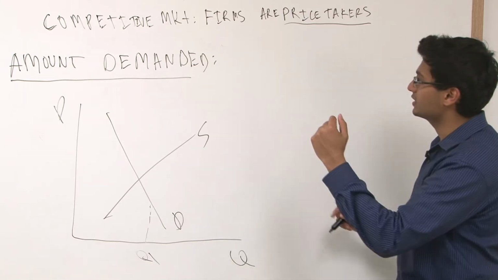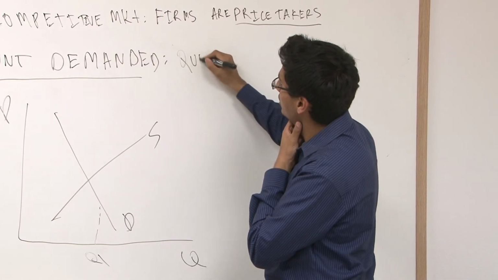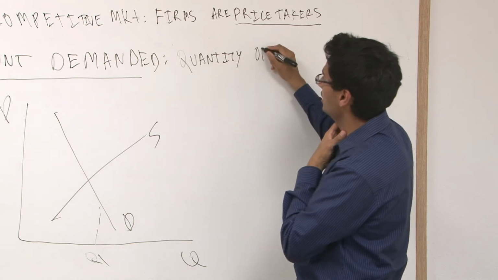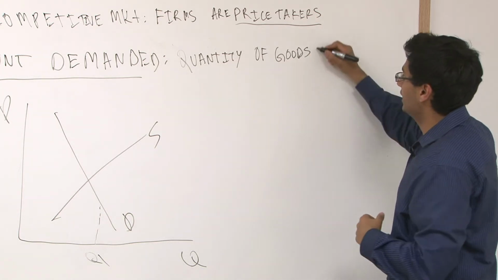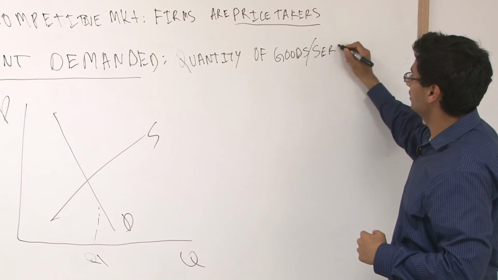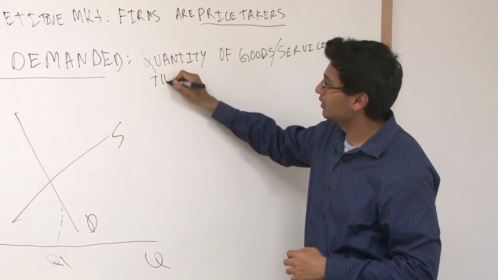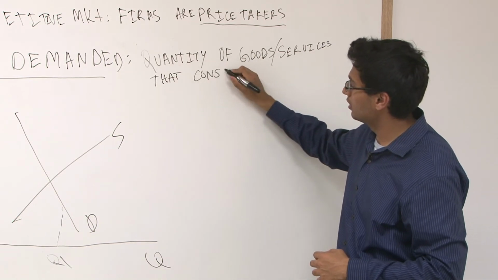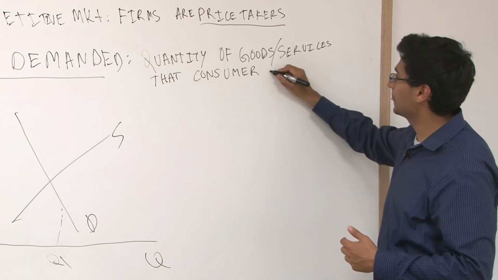And I can write it down for you if you want the definition. This is the quantity of goods, or it could be services, that the consumer is willing to buy.